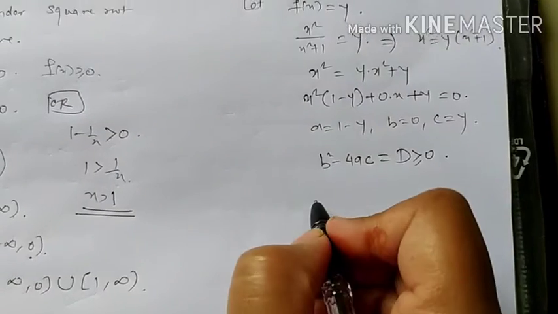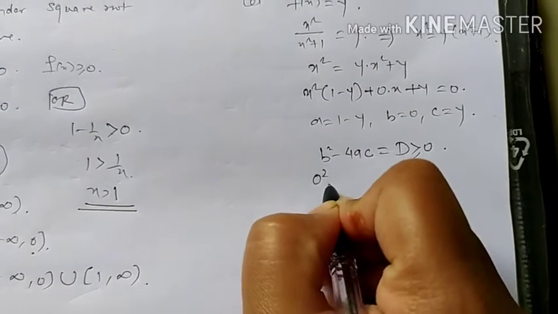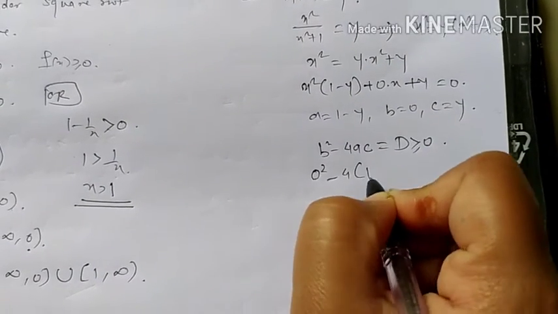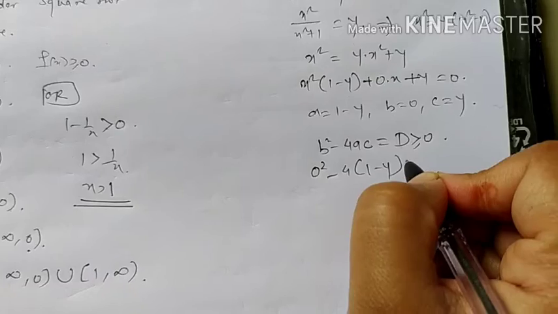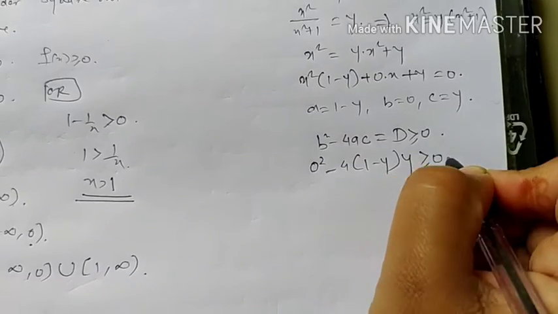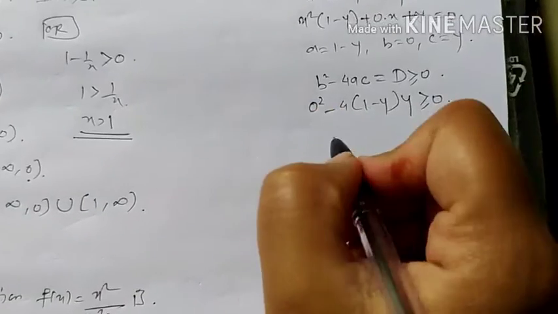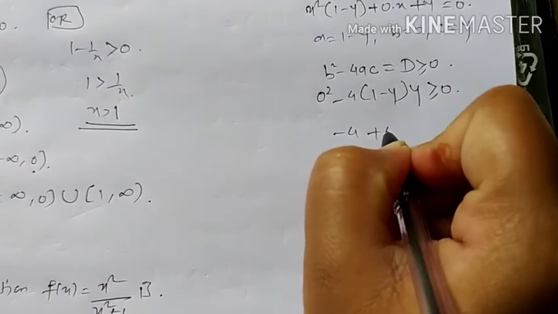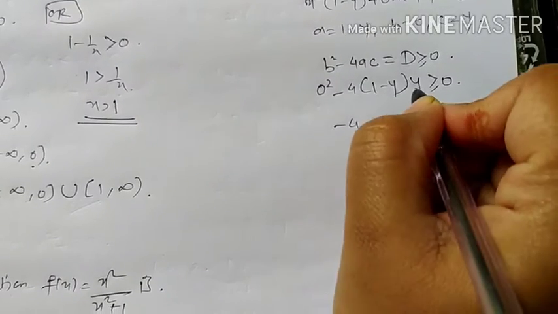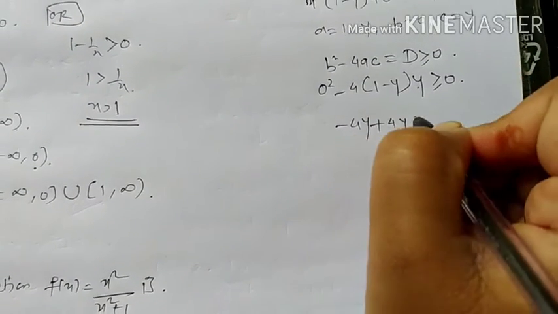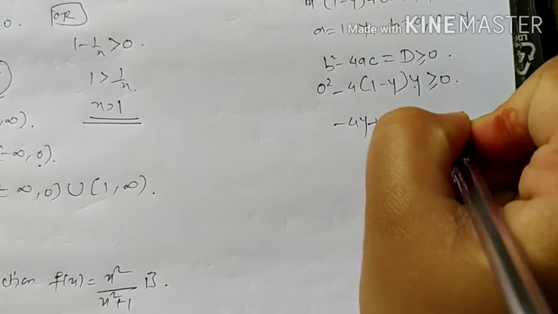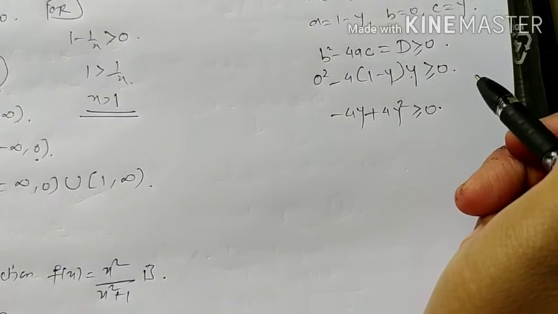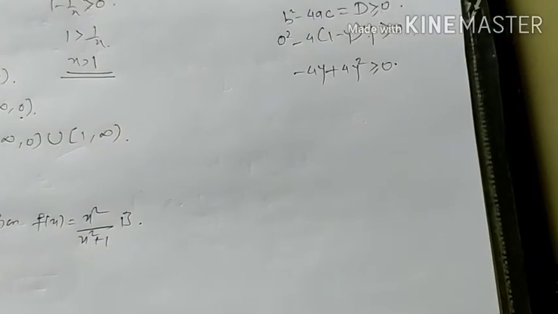So here b square is 0 square minus 4, 1 minus y, that is a, and c is y, greater or equal to 0. Minus 4 plus 4y square greater or equal to 0. Okay, and if you want you can take it as it is.